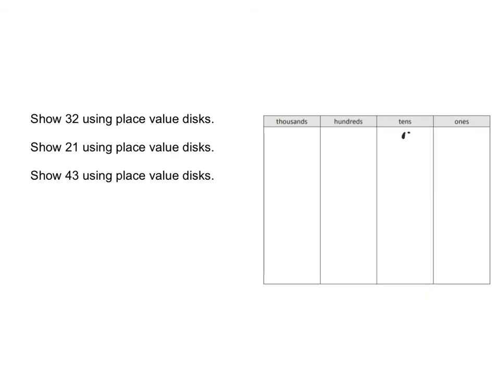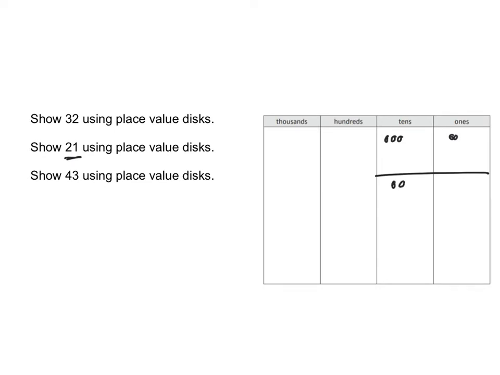All right, going on to our next page. We are going to show 32 using place value discs. Well, 32 is 3 10s and 2 1s. It's pretty straightforward. Let's go on to that next one. 21, well, how many 10s is that?